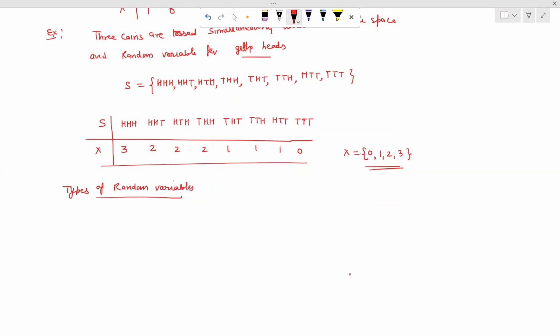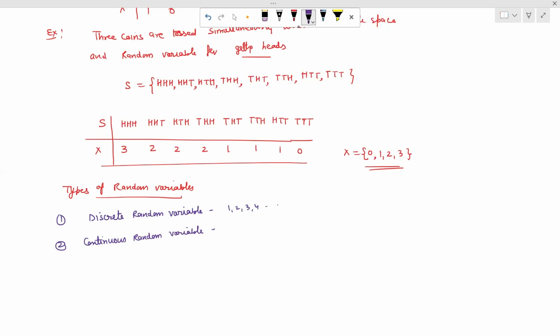There are two types of random variable. One is discrete random variable, second is continuous random variable. Discrete random variable we represent by numbers 1, 2, 3, 4.